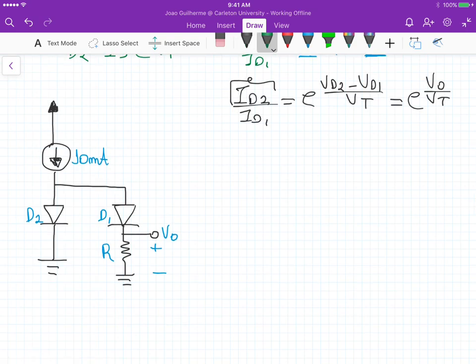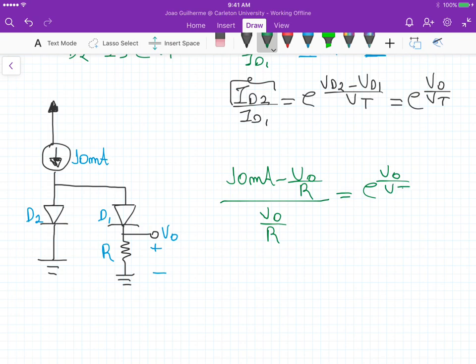ID2 is equal to 10 milliamperes minus V0 over R, divided by ID1, which is V0 over R. That should be equal to exponential of V0 over VT.